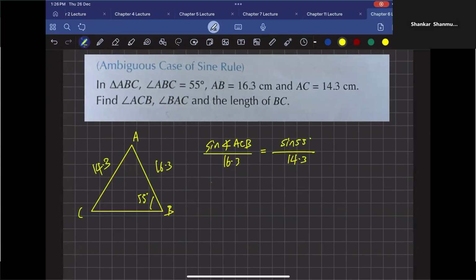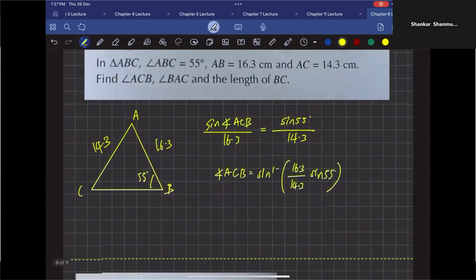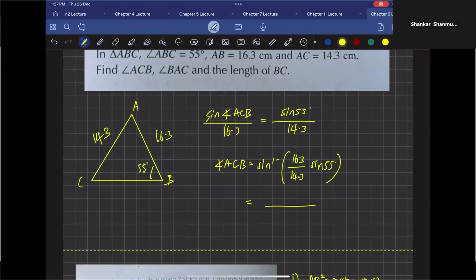So find angle ACB. Again, just manipulate the equation. Angle ACB equals sine inverse, then you can find your answer.